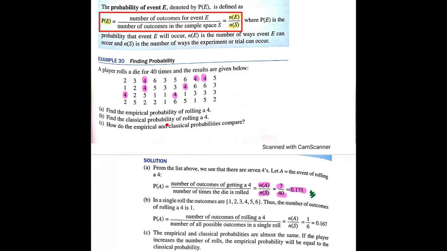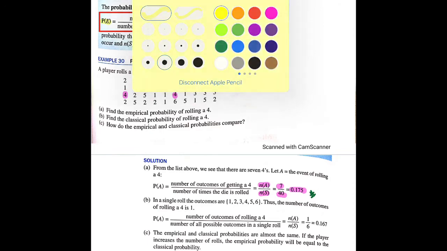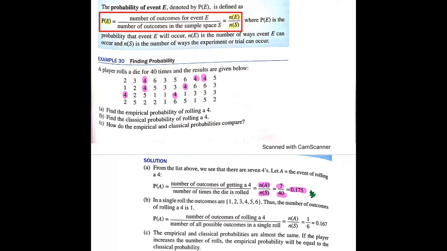Let's see question B here. Find the classical probability of rolling 4. So this is just using theory, the classical probability. The number of ways of rolling 4 is just 1 from a total of 6 in the sample space. So 1 over 6 is just 0.167. Let's see the last one here. How do the empirical and classical probability compare? Let's see both of the answers here.